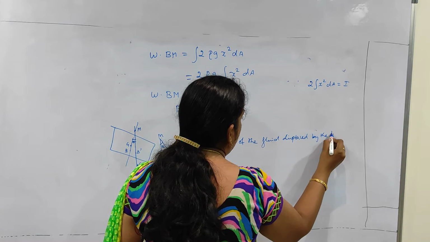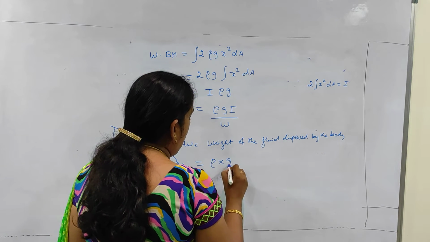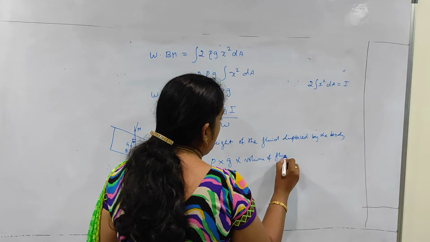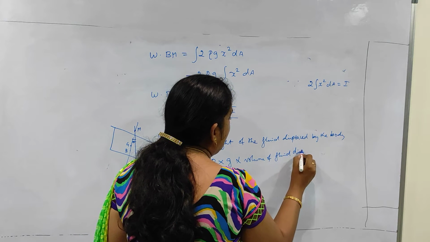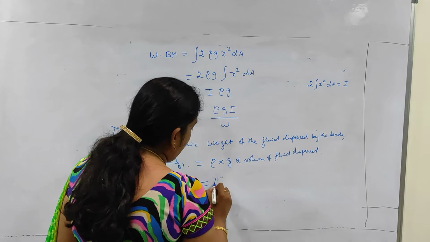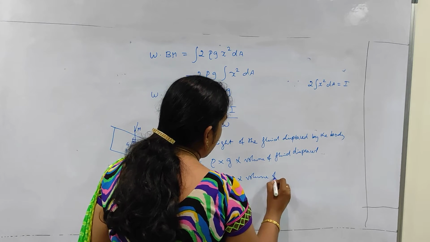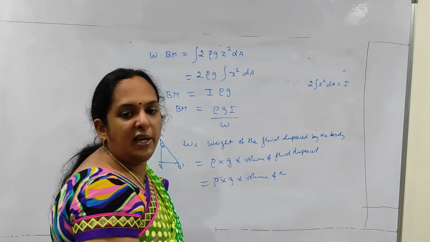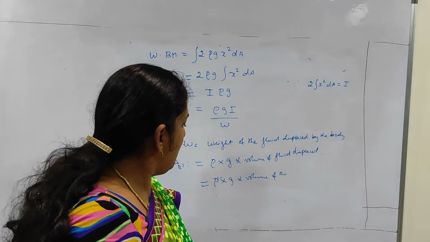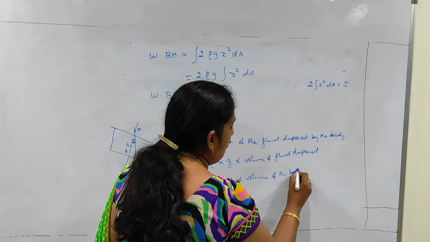It is nothing but rho into g into the volume of the fluid displaced. The volume of the fluid displaced will be equal to the volume of the body submerged. So it will be rho into g into the volume of the body submerged in water.